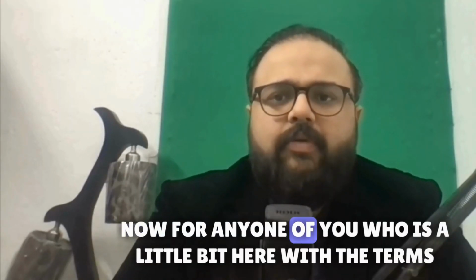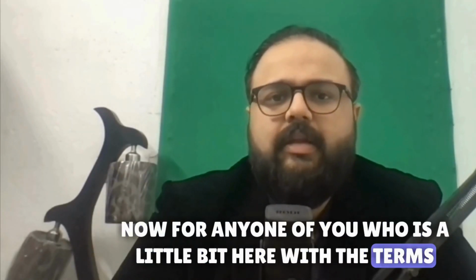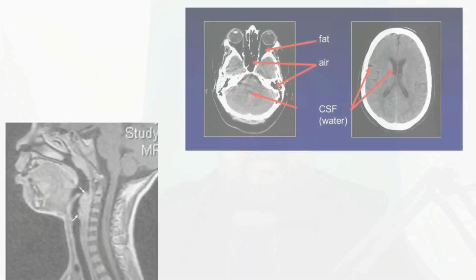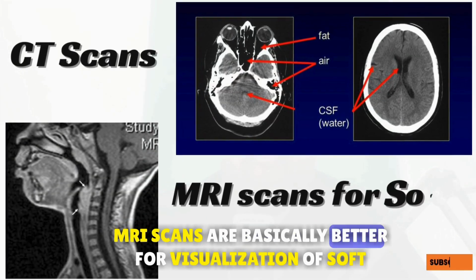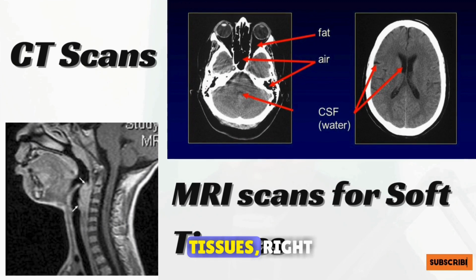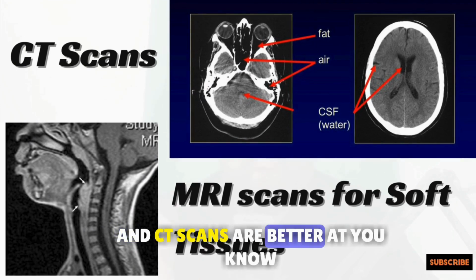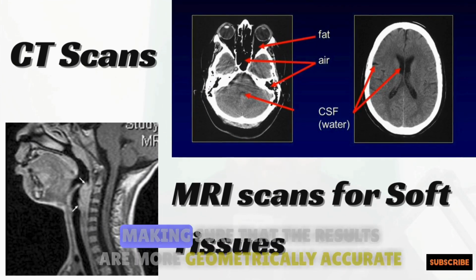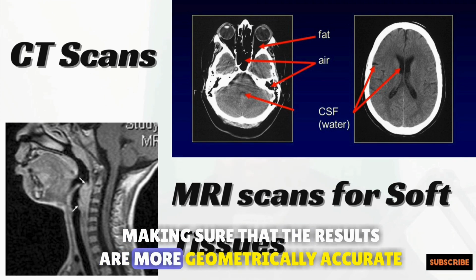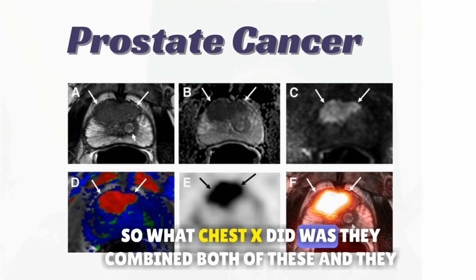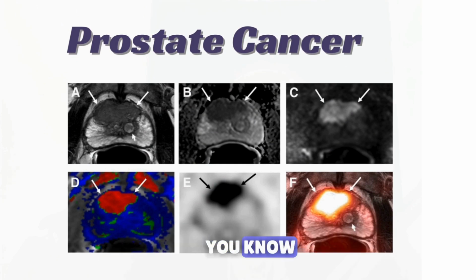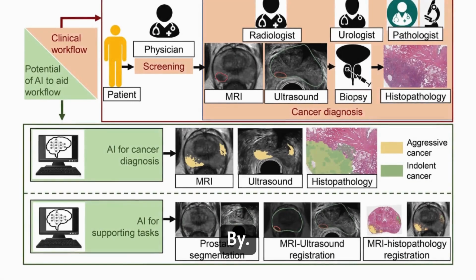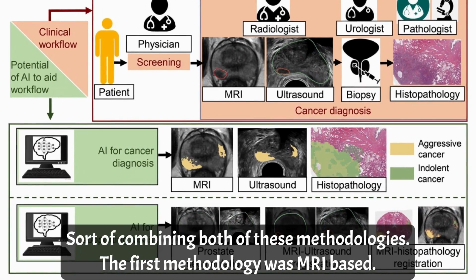Now, for any one of you who is a little bit clear with the terms related to medicine, MRI scans are basically better for visualization of soft tissues, right? And CT scans are better at making sure that the results are more geometrically accurate, right? So what ChestX did was they combined both of these, and they detected prostate cancer by combining both of these methodologies.